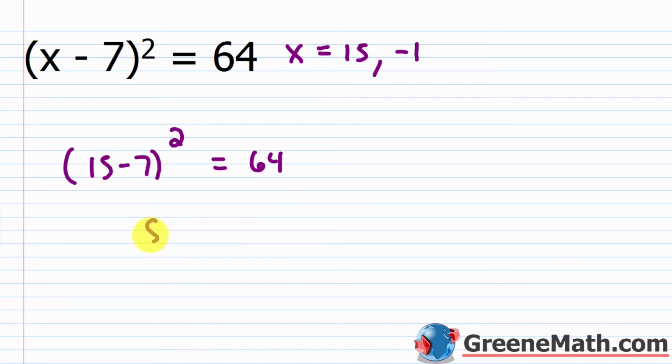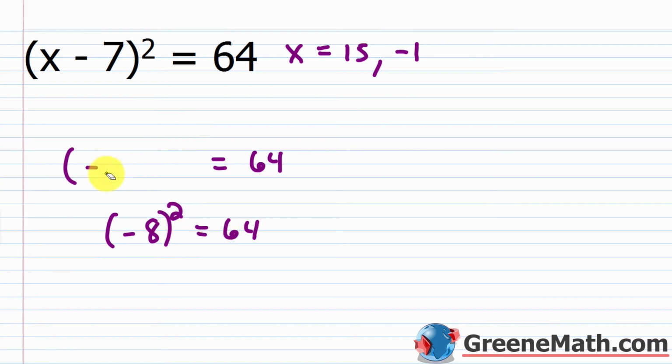I'm saying that positive 8 squared is equal to 64. So another thing would be that I need -8 squared to give me 64 as well, and that's what -1 is going to give me. If I put -1 in there, what's going to happen is -1 minus 7 is -8, so -8 squared is also 64. So again, that's why you have those two solutions.